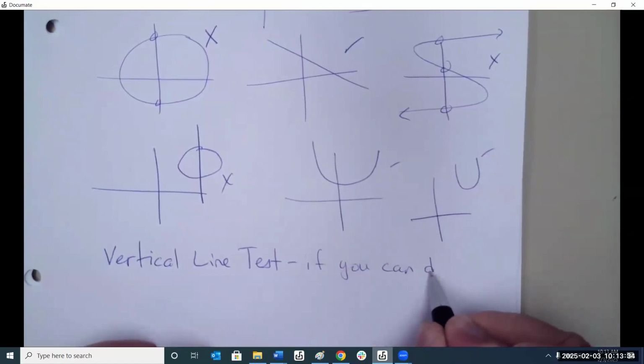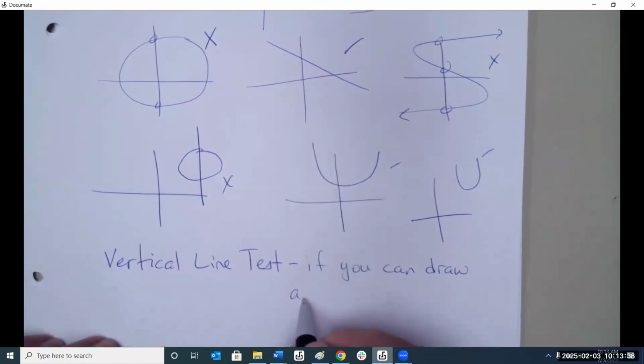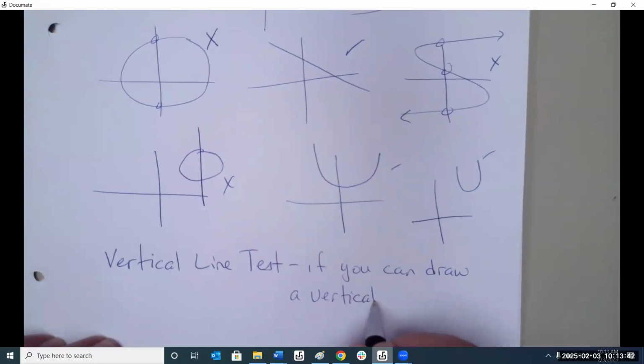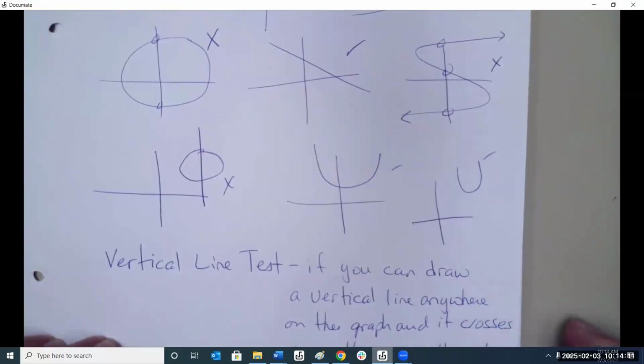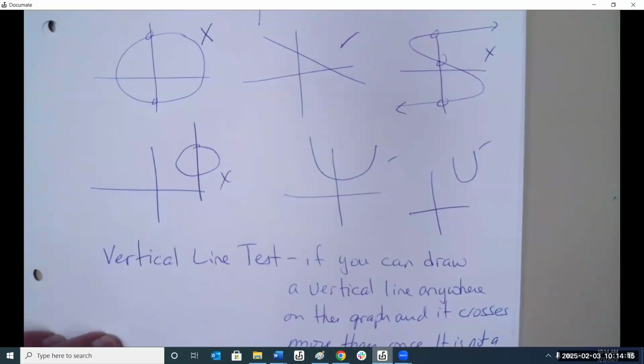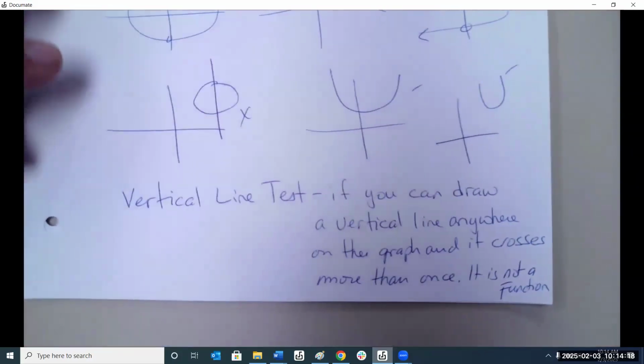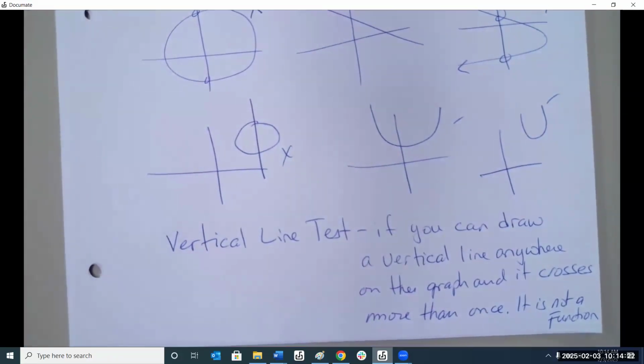If you can draw a vertical line anywhere on the graph and it crosses it more than once, it is not a function. It's called the vertical line test.